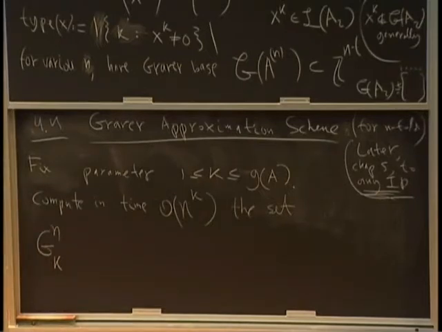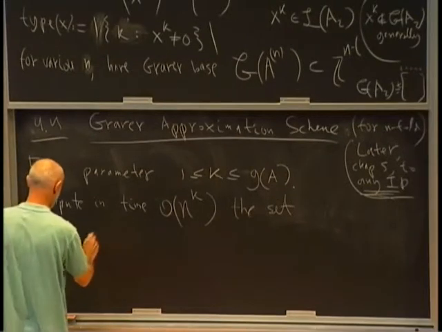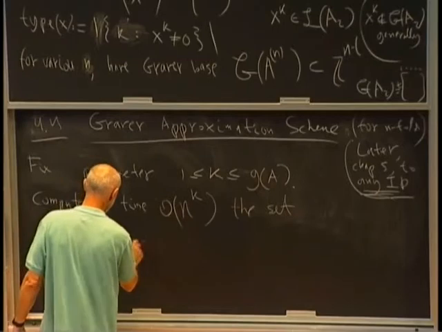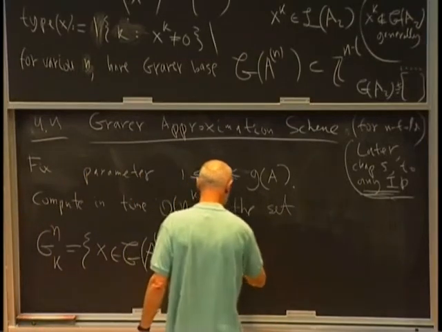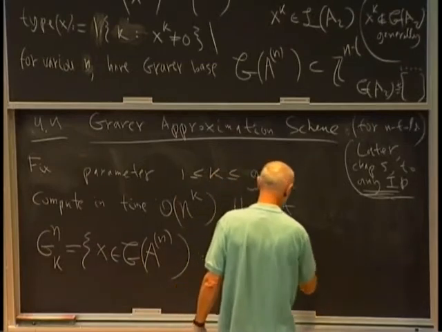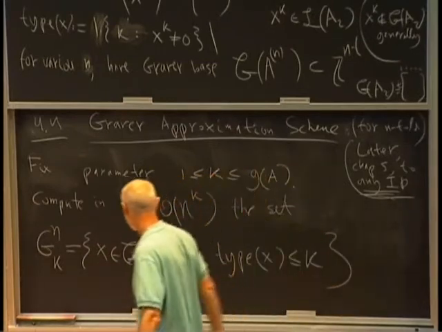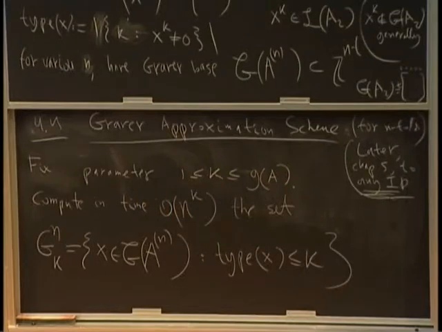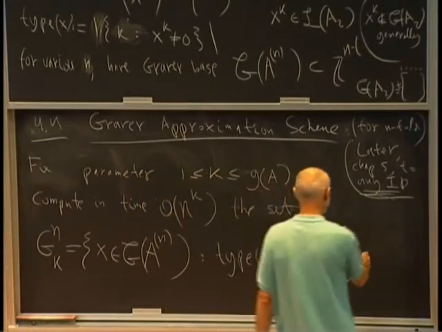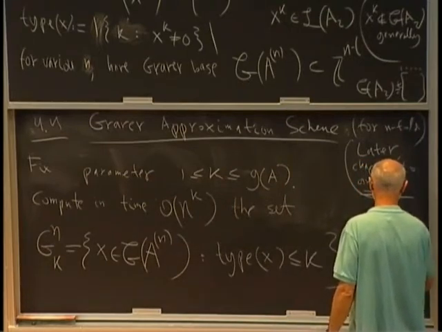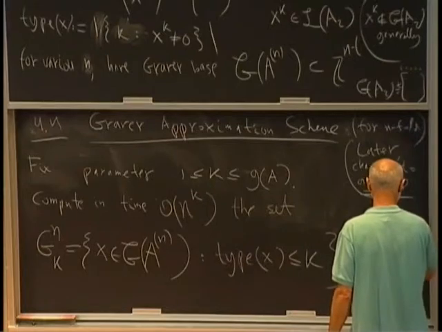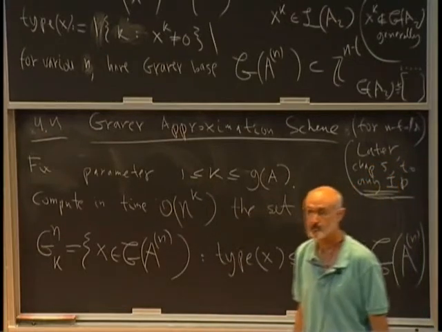Maybe it got lost somewhere. Anyway, let me write it again. The set of all x in the gradual basis of A^(n) of type less than or equal to k. And you see now, what can we say? This is contained in the true gradual basis, right?